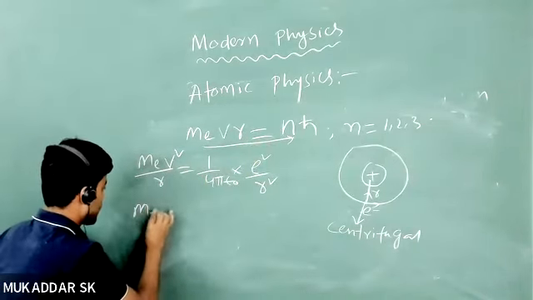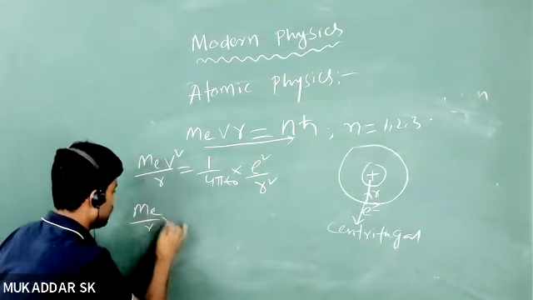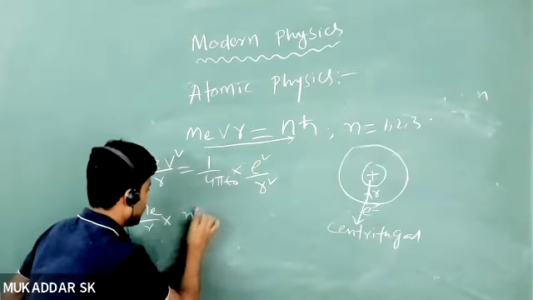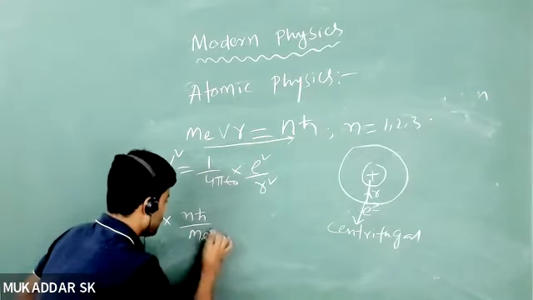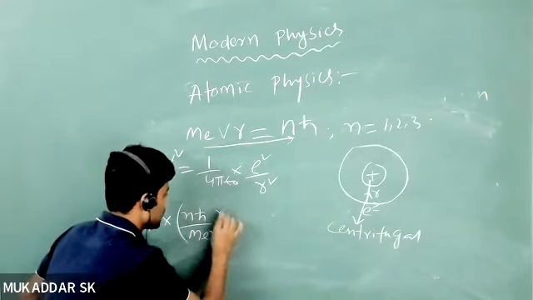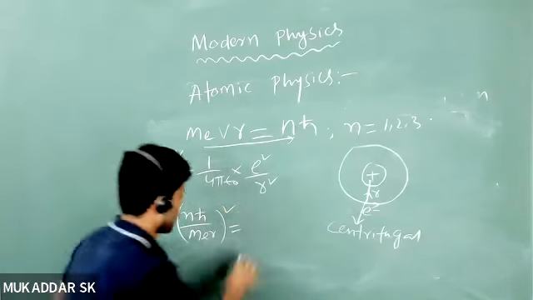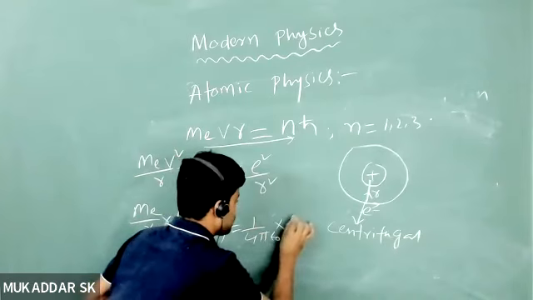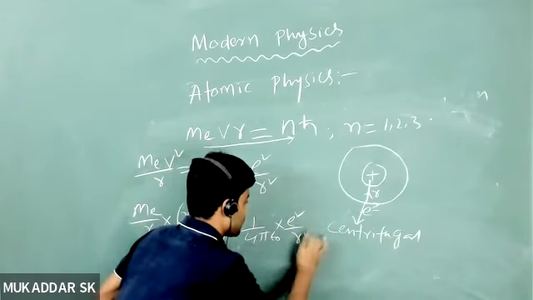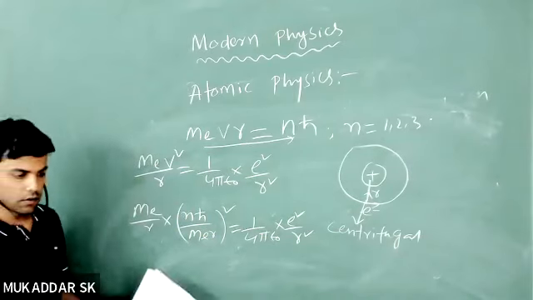So m_e by r into n h cut divided by m_e into r whole square should be equal to 1 by 4 pi epsilon naught e square by r square, is it not?